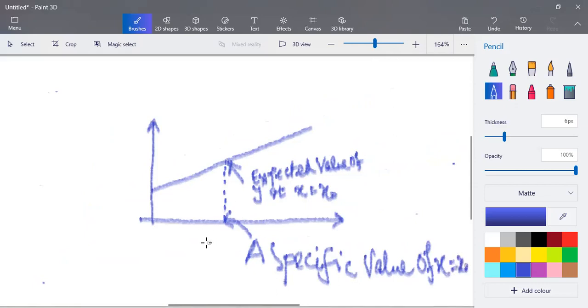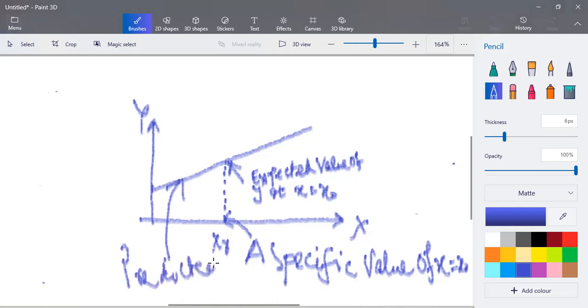Suppose the specific value of x, so this is x, this is y. Suppose the specific value of x is over here, x0. So this line is basically our predicted line.